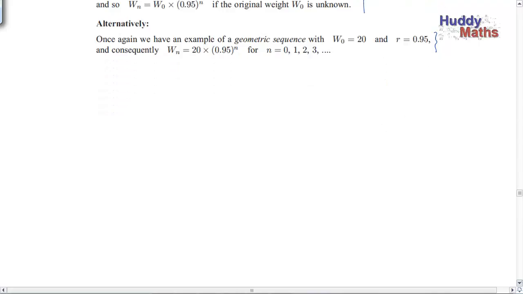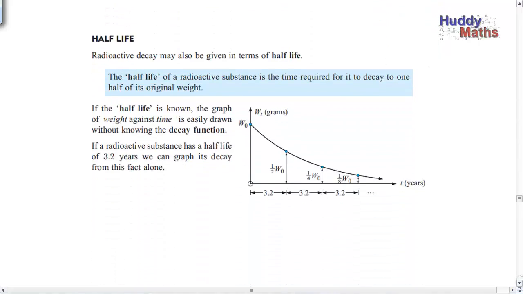Okay, here we are. Half-life, this is getting a bit more detail, and you saw this earlier where I drew this. The idea is that a half-life is a characteristic of radioactive material. It's the time required for it to decay to 1/2 of its original value. So what we've got here is, if we had weight and time, W0 means a starting weight at time 0, that subscript means a starting weight, and then this is always constant, time for it to halve.